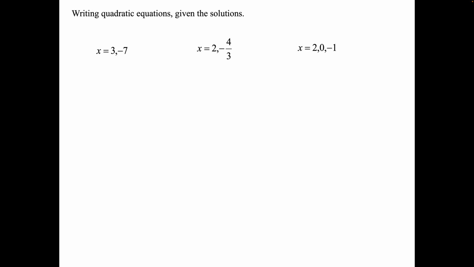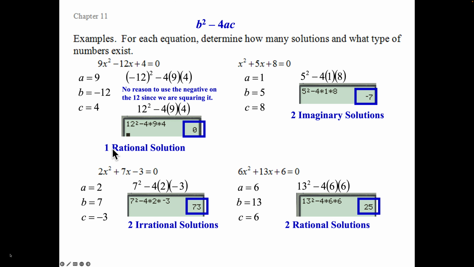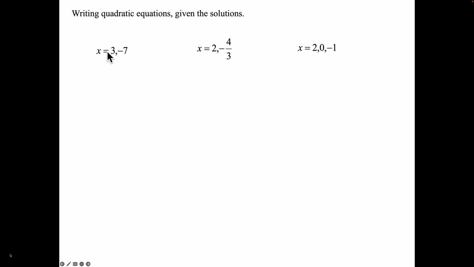So if we go back and we talk about rational, imaginary, irrational, rational. Rational solutions are answers that can be written as a fraction with no square roots and no i's. So this is 3 over 1, negative 7 over 1, 2 over 1, negative 4 thirds, 0 over 1, negative 1. These are all rational solutions.